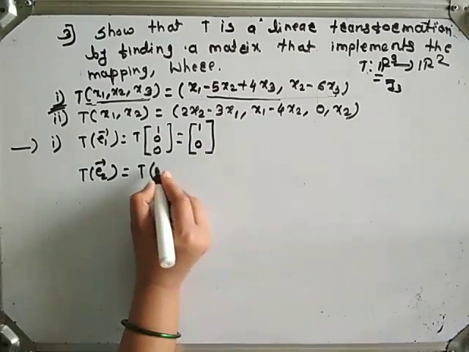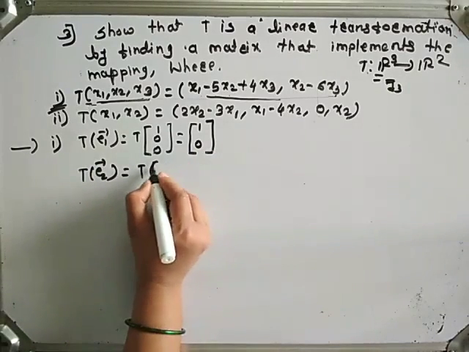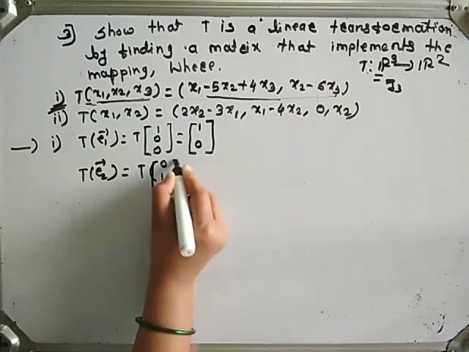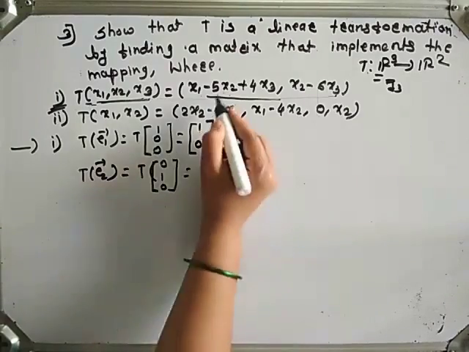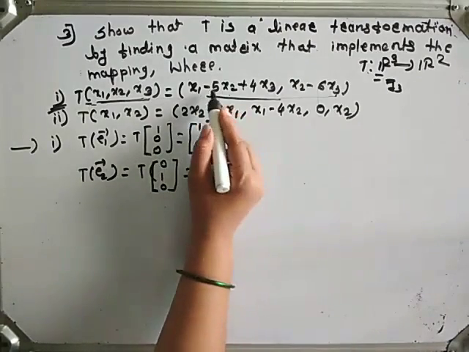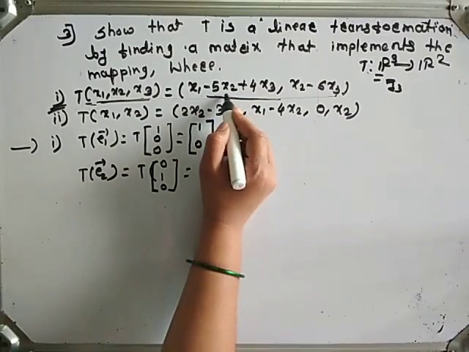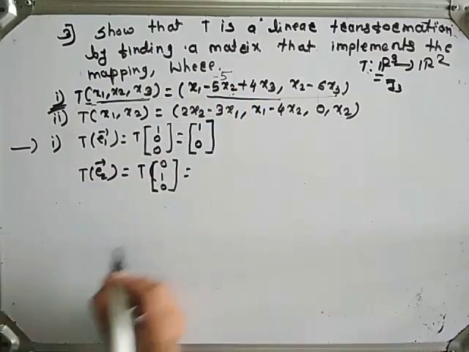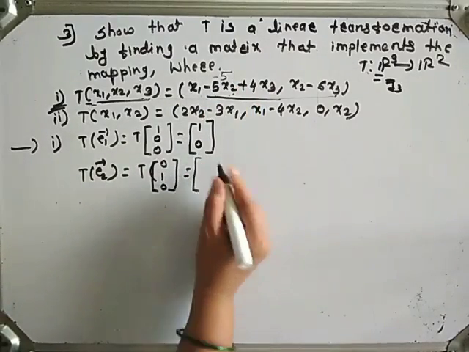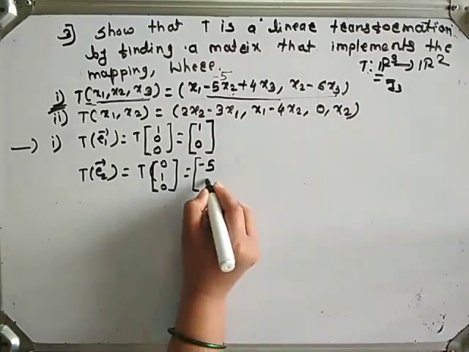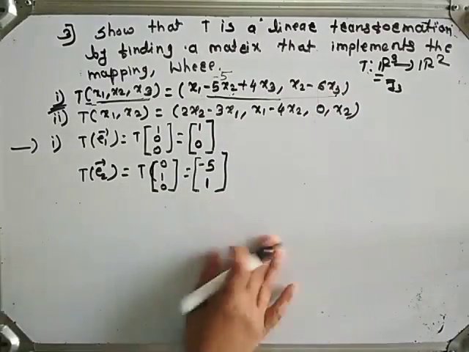T of E2 bar is equal to T of (0, 1, 0), which is equal to, here x1 is 0 minus 5 into 1. So here remains only minus 5. So you will get (minus 5, 1). Okay.